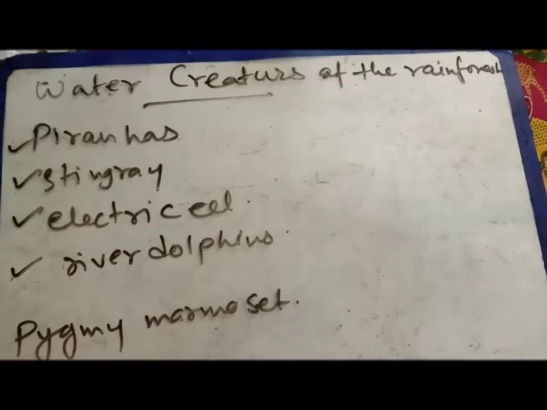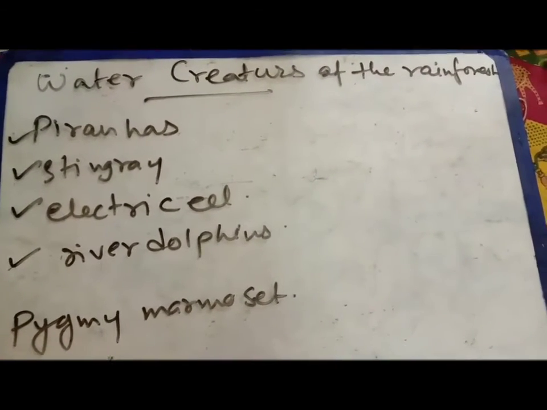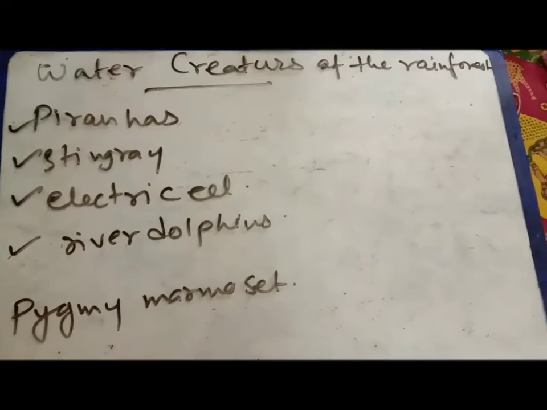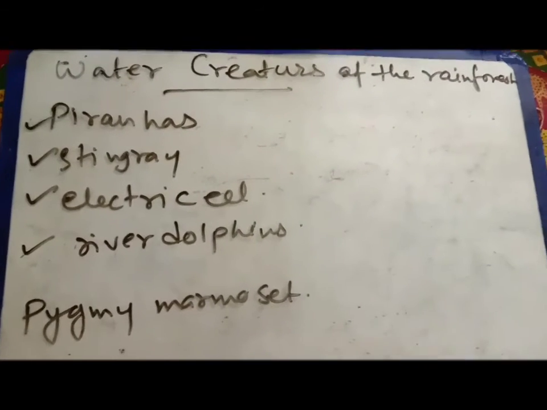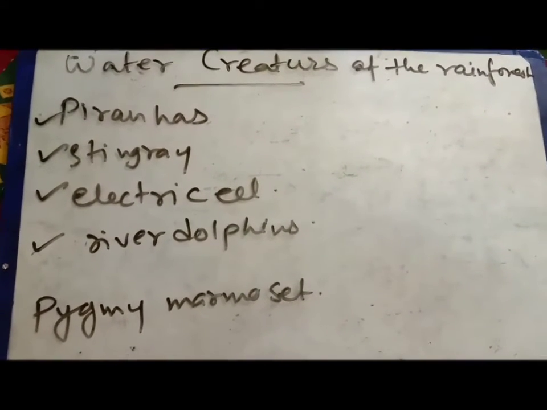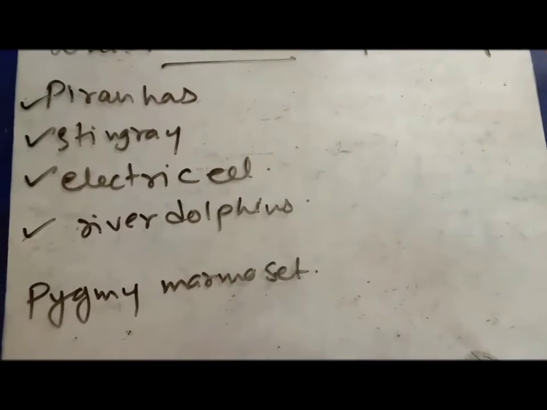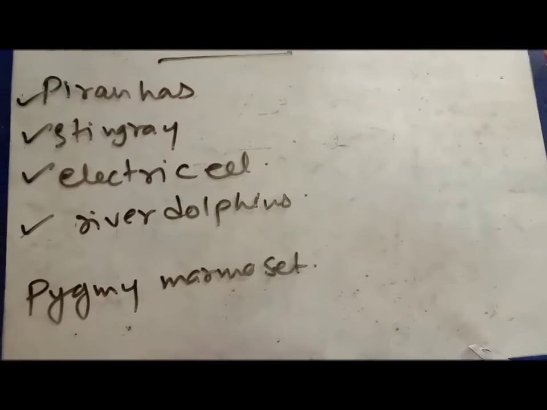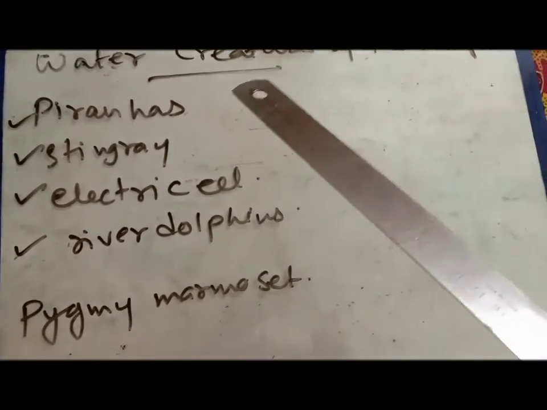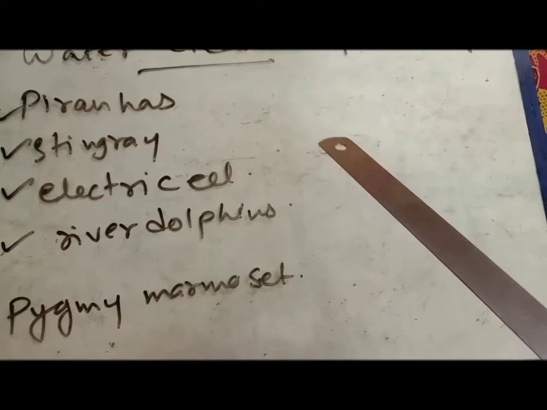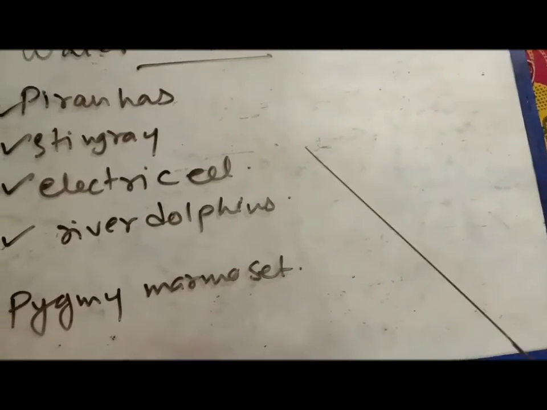Here I have written water creatures of the rainforest region. As I told you at first, there are different kinds of animals, birds, and water animals also. These warm waters are also home to a huge variety of water creatures. The rivers are filled with both small and large creatures.